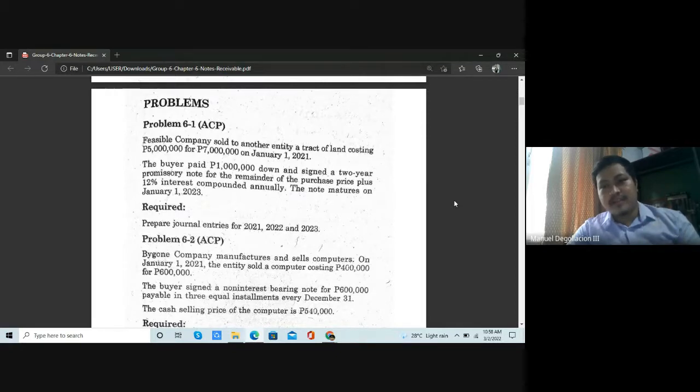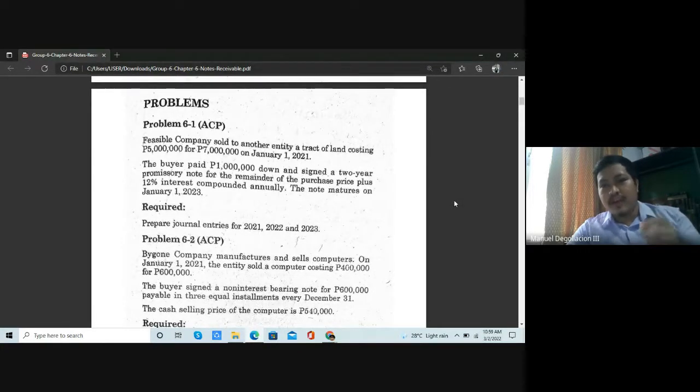Whereas in a non-interest-bearing note, even though there was no agreement, no specific provision stating the imposition of interest, accounting will insist that you will not extend credit, you will not let your customers owe you without earning interest. But how do we reconcile that?